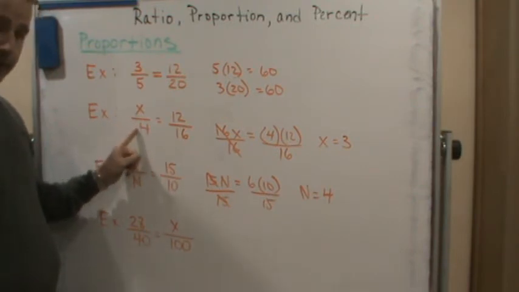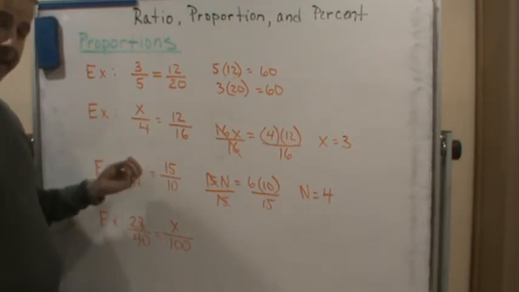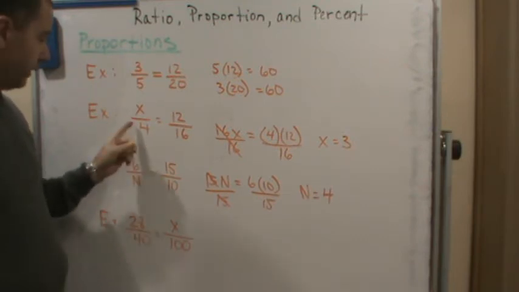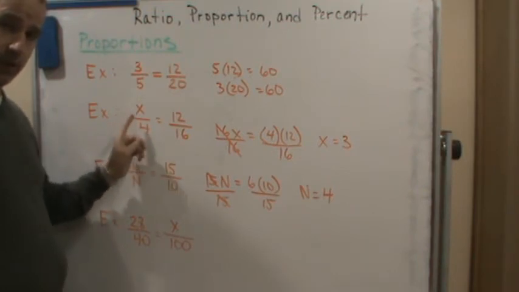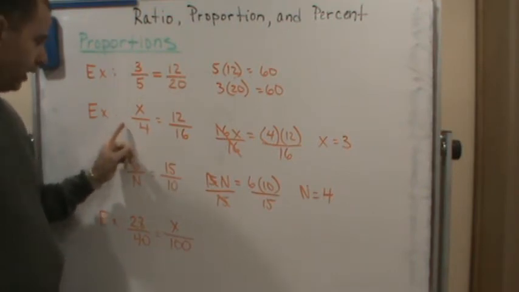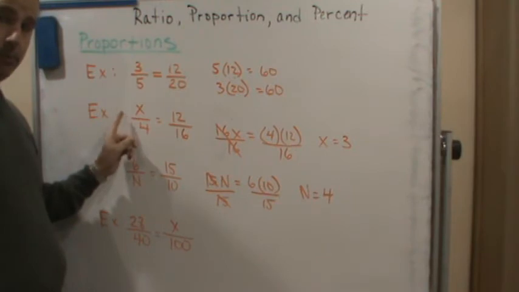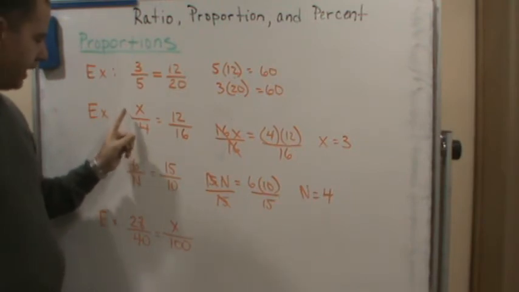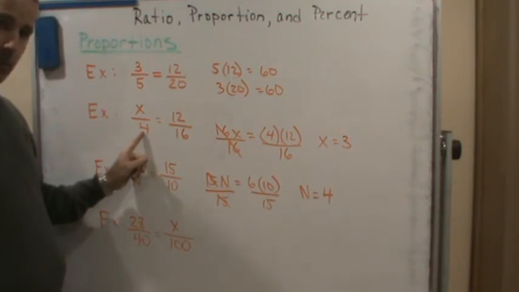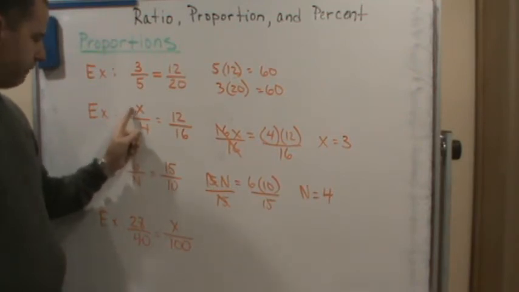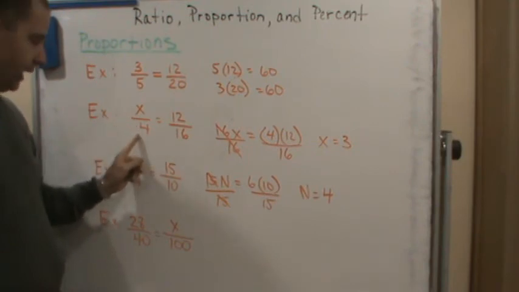x divided by 4. How do I get rid of the 4 if I'm dividing by 4? To undo or reverse the division, I have to use multiplication. So I would multiply by 4, because then I get 4x up here and 4 in the bottom, and they cancel, and I'll get x.